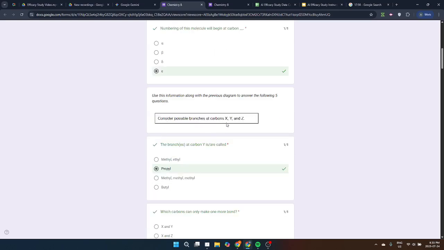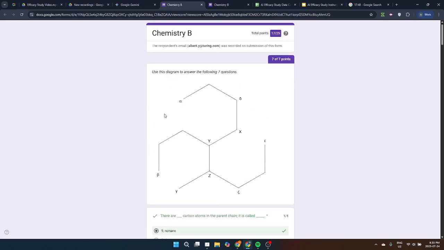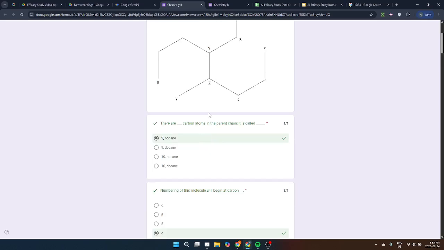Consider possible branches at carbons X, Y, and Z. The branches at carbon Y, this is just a knowledge-based question, whether you know that this is a propyl group at carbon Y. If you correctly identified the molecule, then you would have correctly identified the propyl group here.